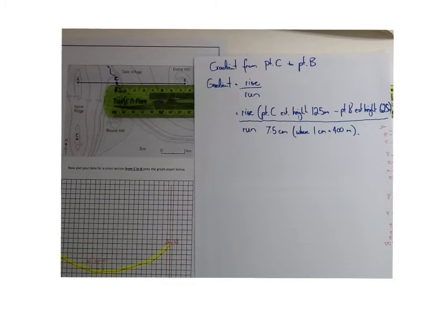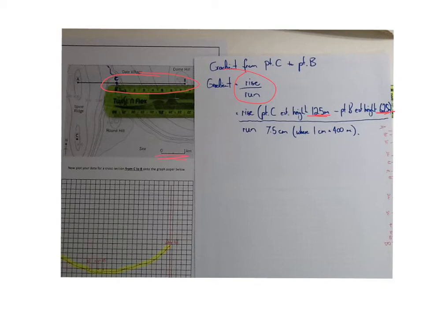So, the gradient from point C to point B, you can see I've written down the formula here, is rise over run. The rise is the difference in height from point C, which we said was 125, and point B at 625, over the run. The run is the horizontal distance.